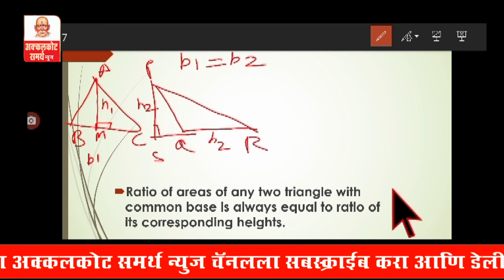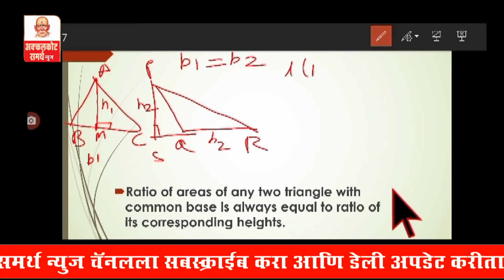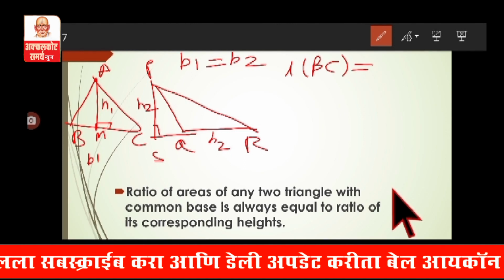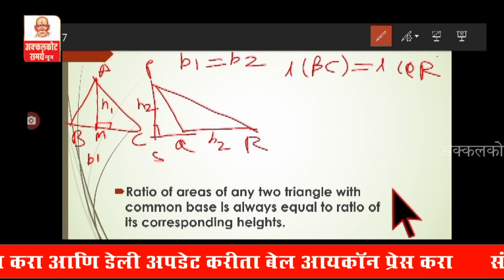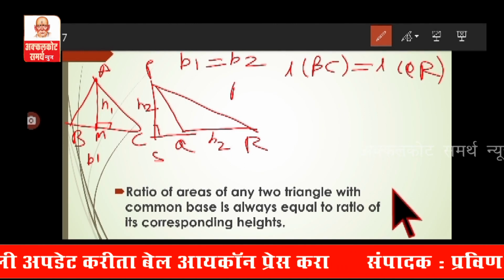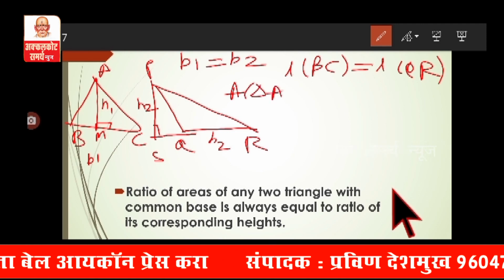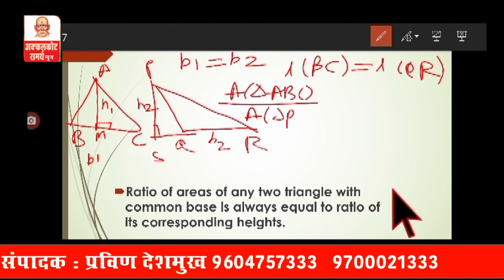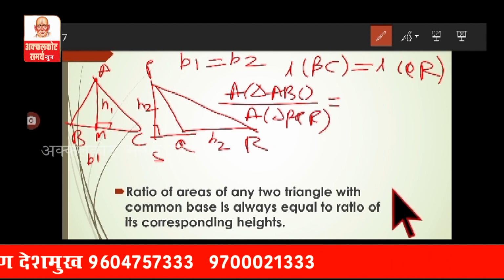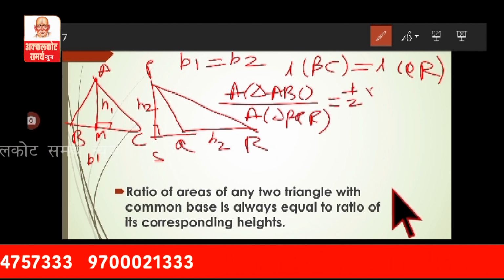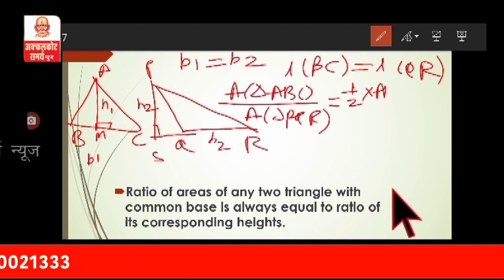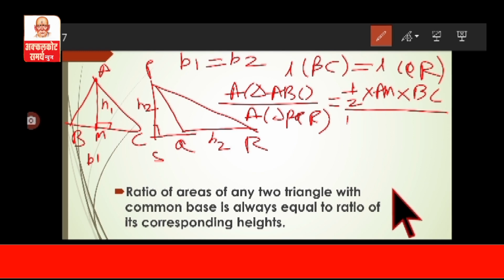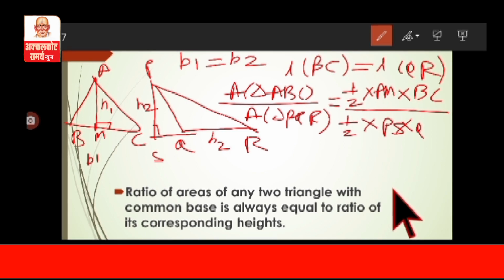So if the bases are equal, meaning BC is equal to QR, then the ratio of area of triangle ABC and PQR, according to the formula, is half into height into base. Height is AM, base is BC. Here half into height PS and base is QR.